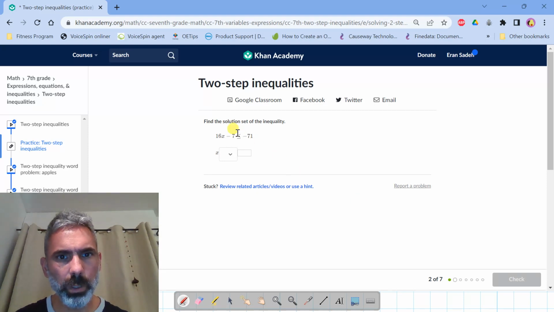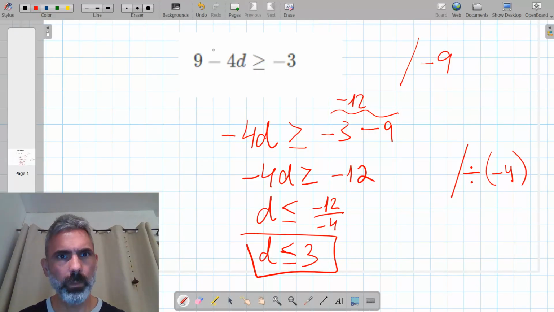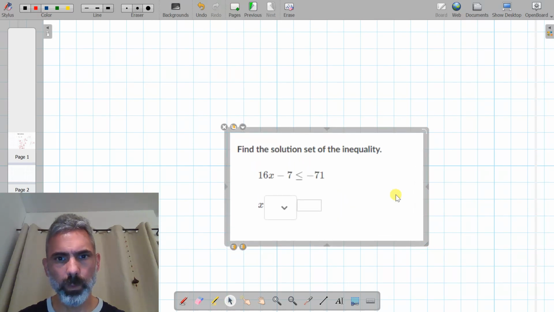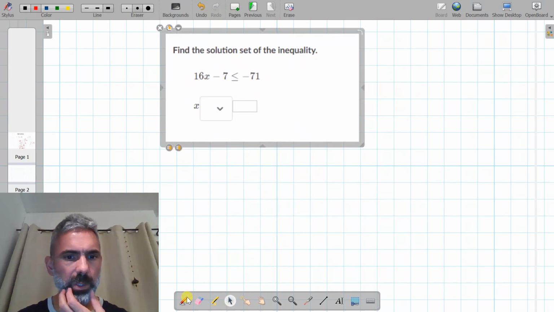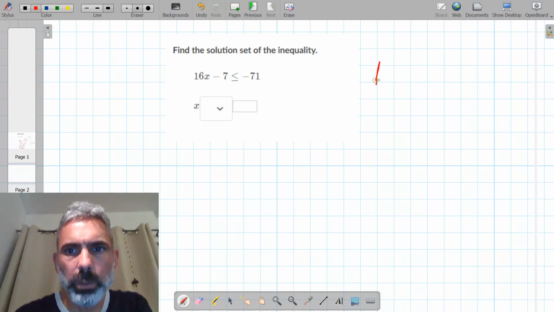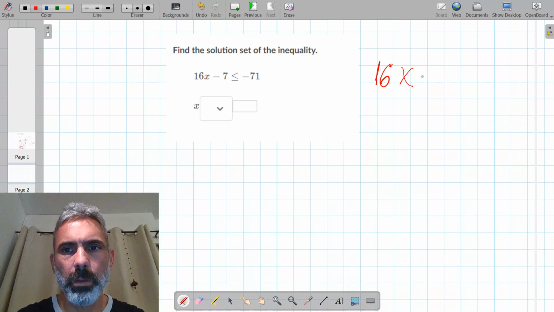Find the solution set of the inequality. Okay, so first I will need to simplify the inequality. So the inequality says 16x minus 7 is less than or equal to minus 71.